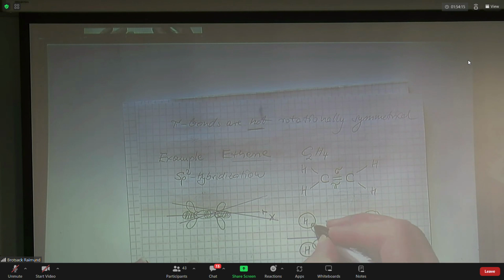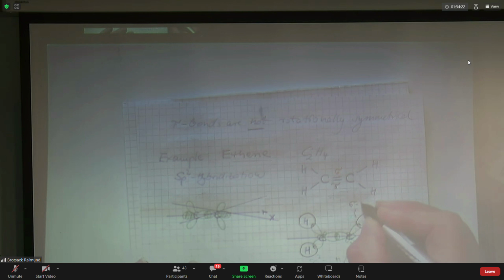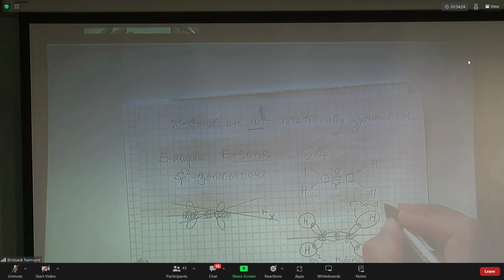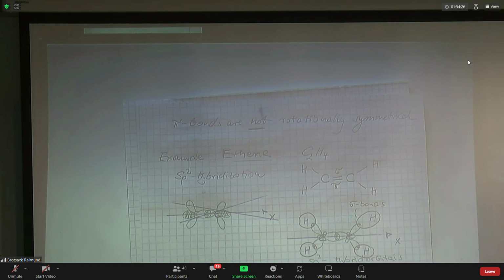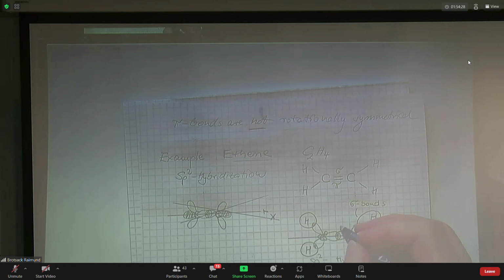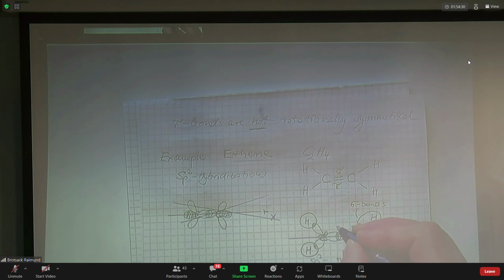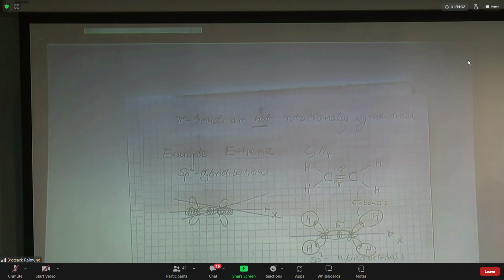And we have here the overlapping area. These are all sigma bonds. And even this one here from the hybrid orbital, that is a sigma, because we can rotate.